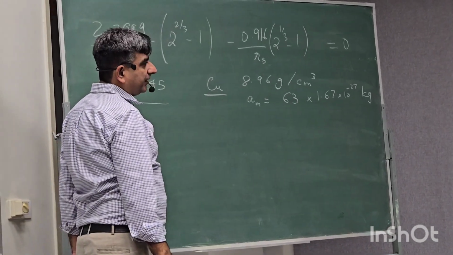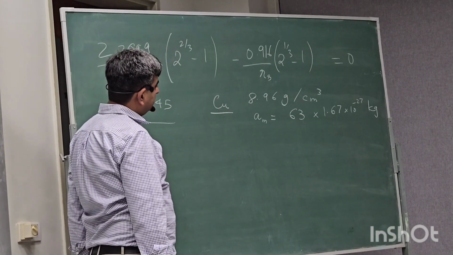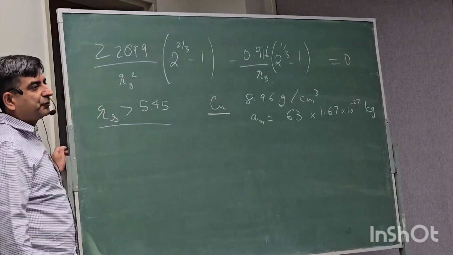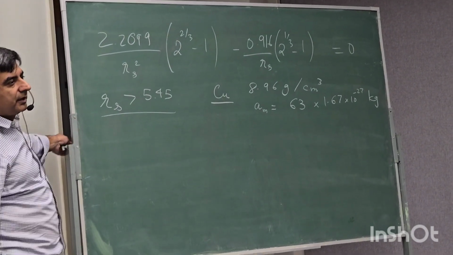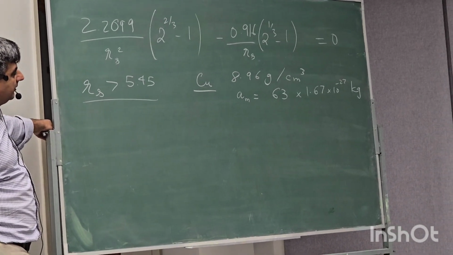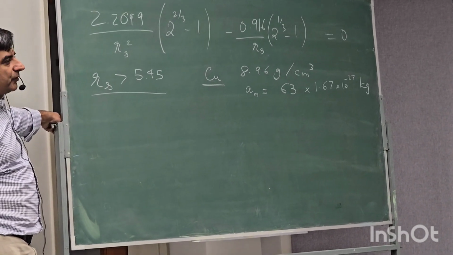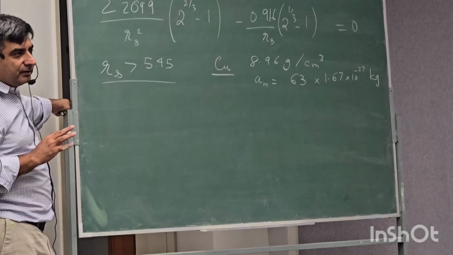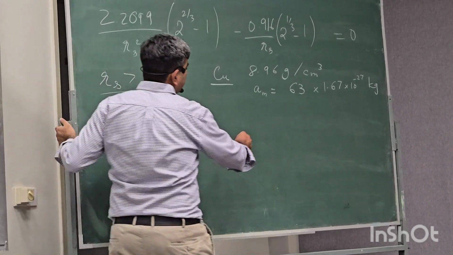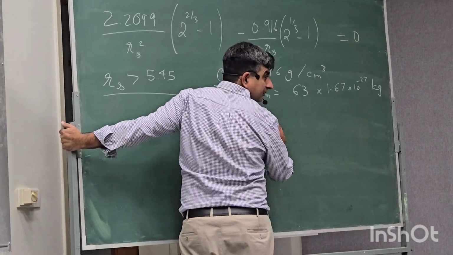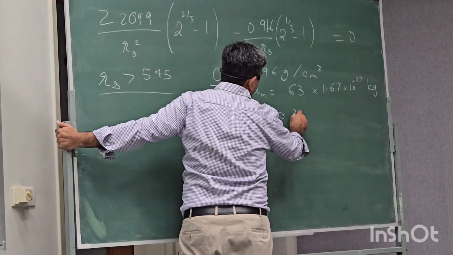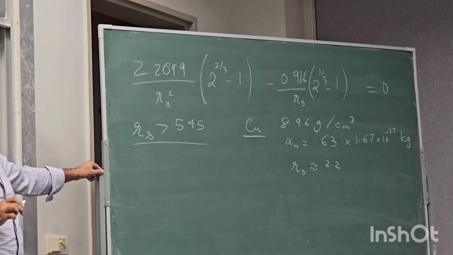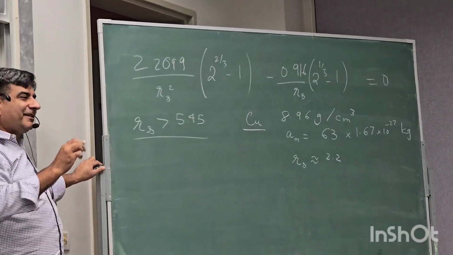So I can calculate the number of atoms per unit volume. Correct? So if I calculate the number of atoms per unit volume, I can find the size of the Wigner-Seitz cell, 4/3 pi rs cubed. So the rs turns out to be, so probably we can give this as a homework, about 2.2 or something.